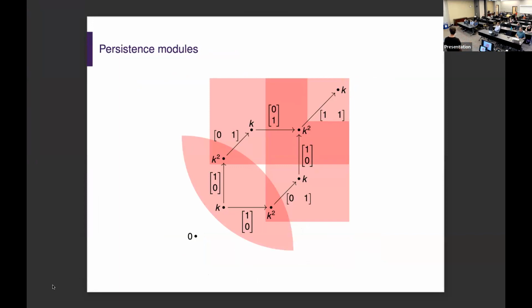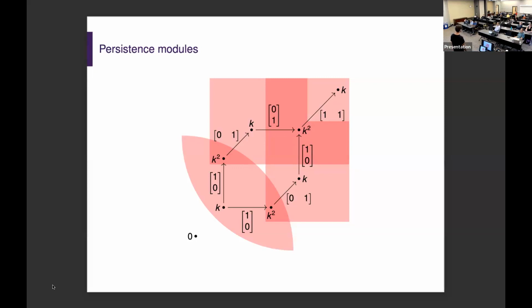So in a 2-parameter module, we have a vector space over some field K that I don't really care much about. A 2-parameter module has a vector space at every point in the plane.